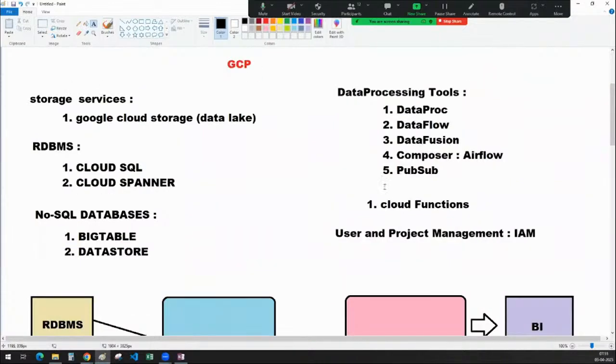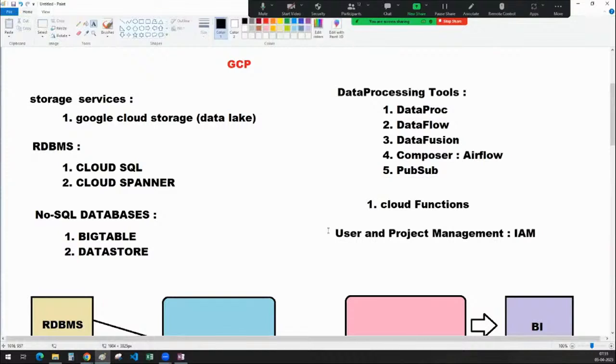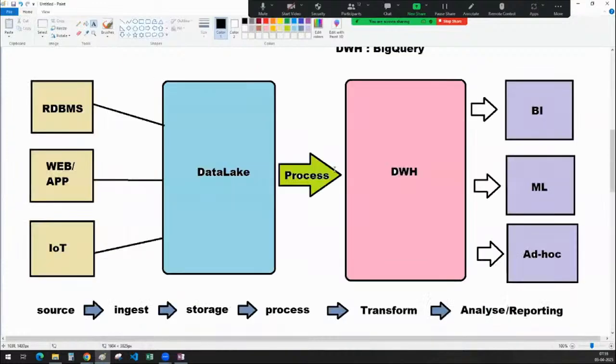And sorry guys, I actually forgot a very important tool, that is BigQuery. That is our data warehouse, right? That is not a data processing tool, that is a data warehouse tool. What is BigQuery, guys?